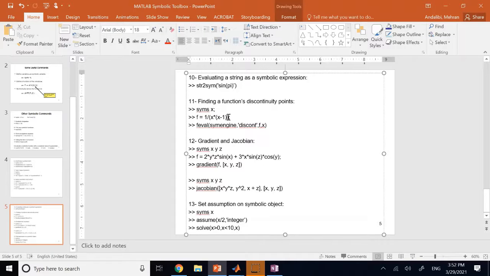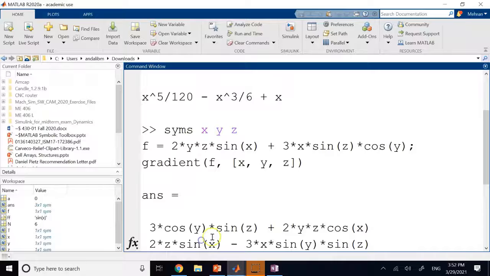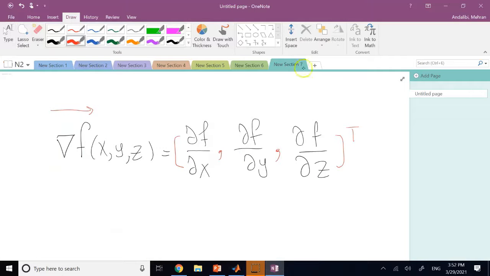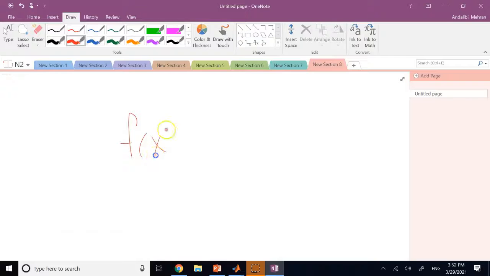So to do it, the command is a little bit different. Okay, let me show you this. So here, you define a function. F here is 1 over x times x minus 1. Okay, so your f of x is 1 over x squared minus x. And you're asking at which x point this function is discontinuous.